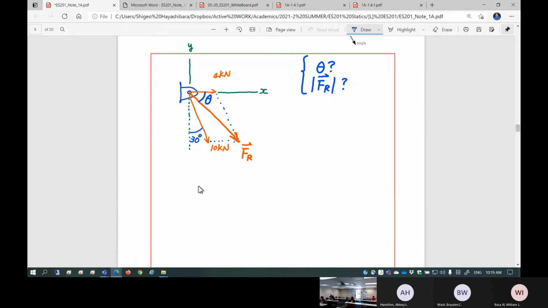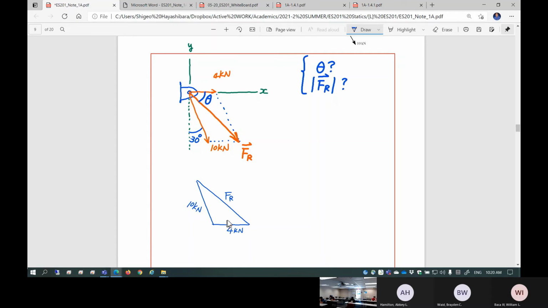So let's just use this triangle, okay? And then the magnitude is this Fr. The magnitude here is 4 kilonewton. Magnitude here is 10 kilonewton, isn't that right? So this is a triangle I just picked up from here.